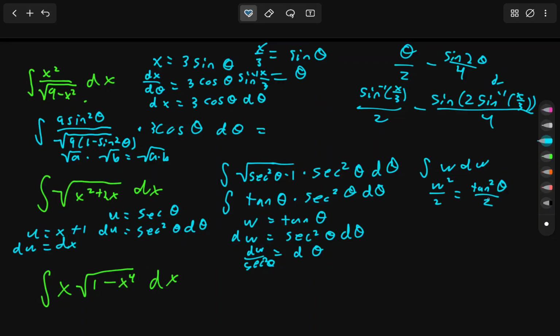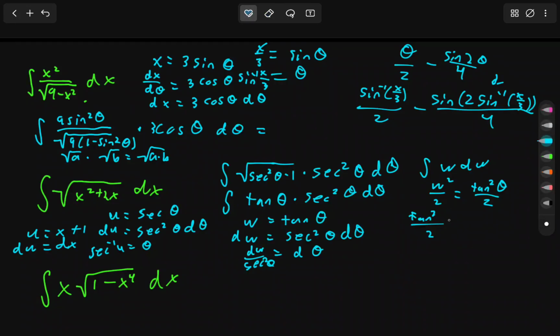Theta is the same thing as... Oops, looks like I got rid of it, but... Oh, wait, nope. So, theta here is going to be equal to secant inverse of u. So, this becomes tangent squared theta over 2.